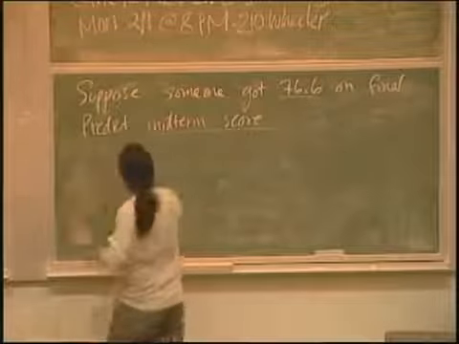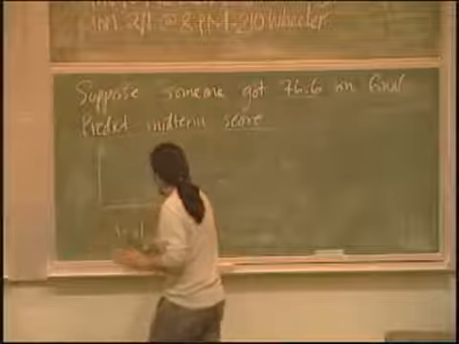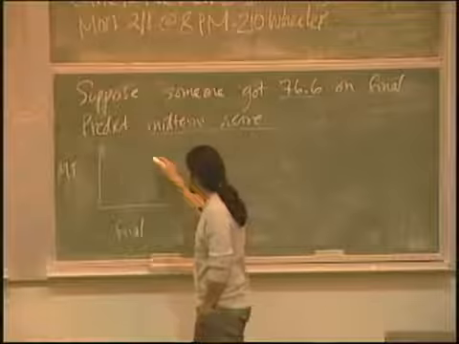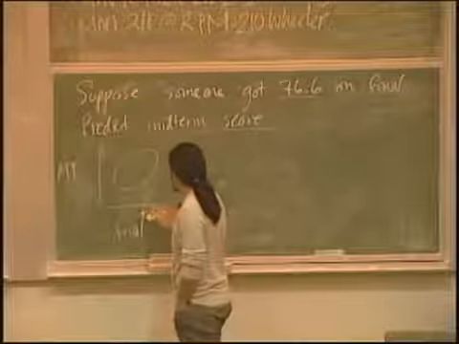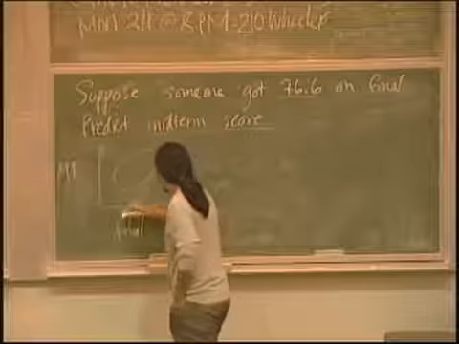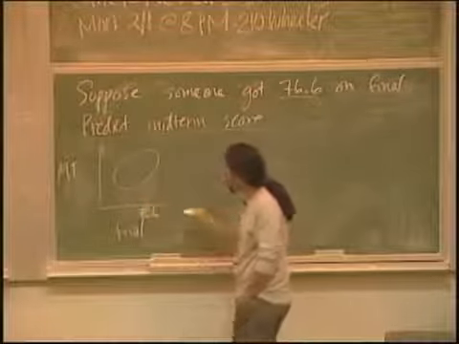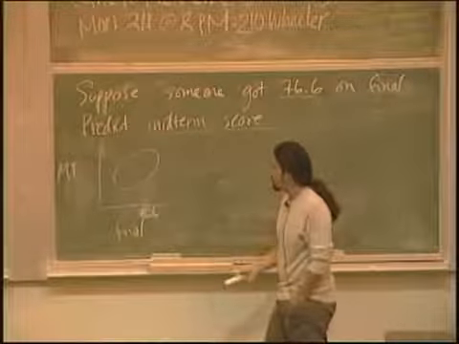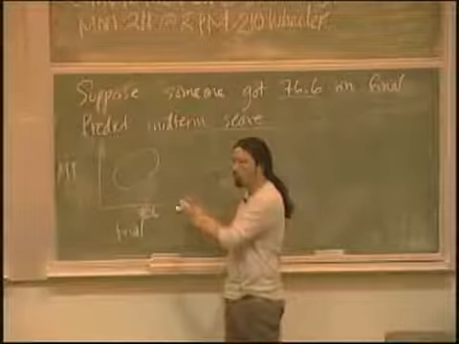So if we now treat this as, I'm just going to draw a quick sketch. I'm not going to draw out a completely big picture. But if we think about this, we have 76.6 here. Now, if we think about predicting midterm from final, we're thinking of final as being the thing we're predicting from.